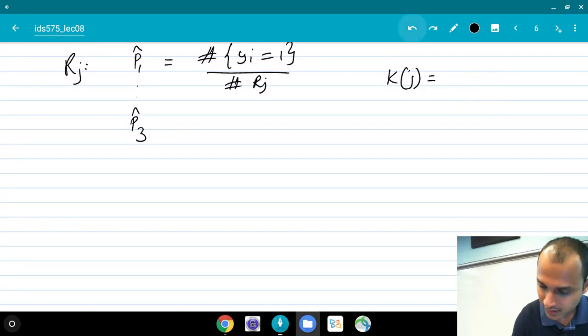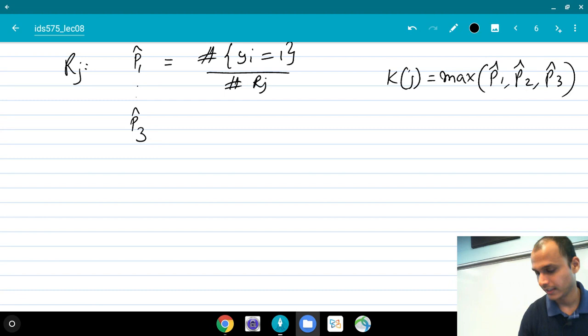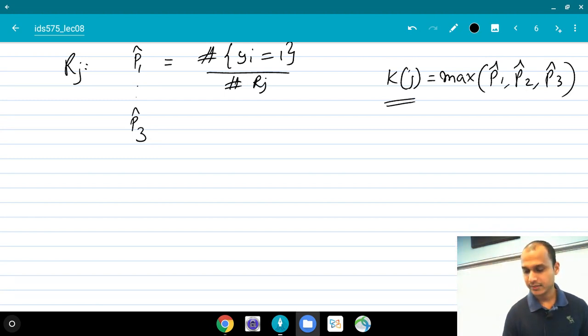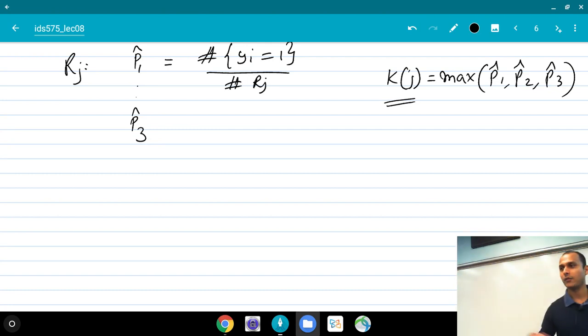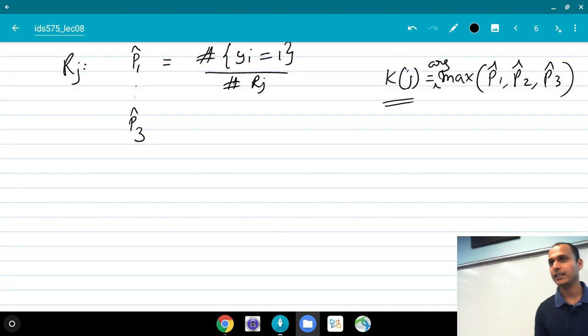Let me just write it as the max of p hat 1, p hat 2, and p hat 3 in this 3 class example. I'm just saying let kj represent, for this region j, which class index it belongs to. Argmax.